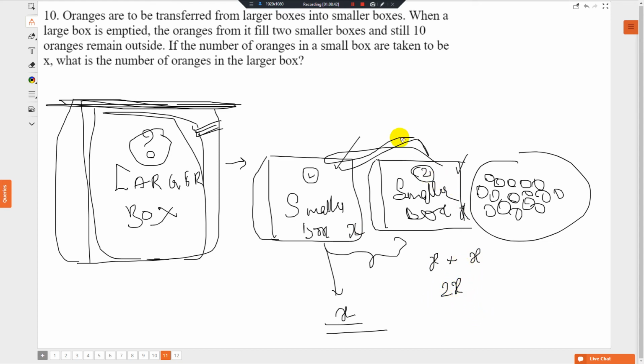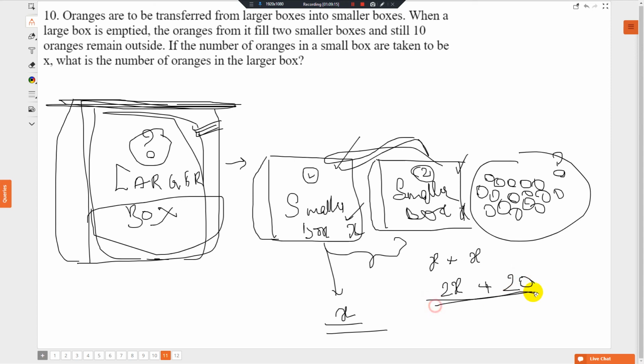So we got 2x for the smaller boxes. What about these 20 laddus? Will we add, subtract, or multiply them? Yes, we'll add them, because these 20 laddus were also in the larger box, but after transferring into smaller boxes, they have been outside, right? So we add plus 20.